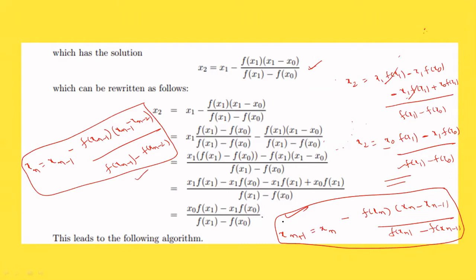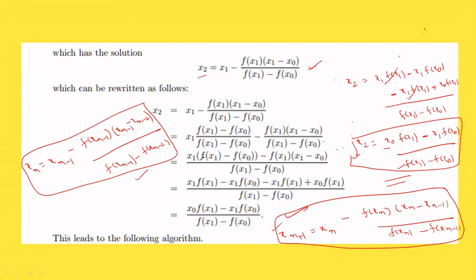You can use this or this or this to find the approximation. So find x2. Similarly, next using x2 and x1, find x3. Next using x3 and x2, find x4. Like that you can find the values till you get the desired accuracy. This is about the secant method. In the secant method, we are taking two initial values and using that we are finding the next approximation x2.